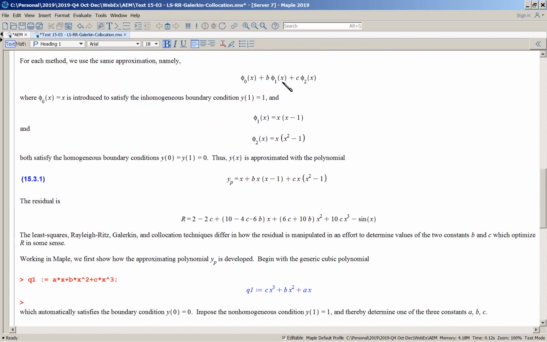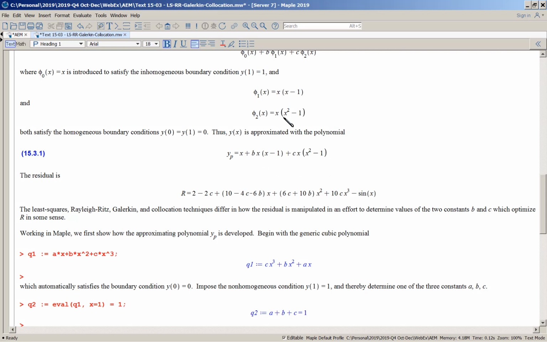We're going to use this template for our approximation. The functions phi1 and phi2 are given here. So this is the approximating polynomial. The residual, which is what you get when you substitute this polynomial into the differential equation.